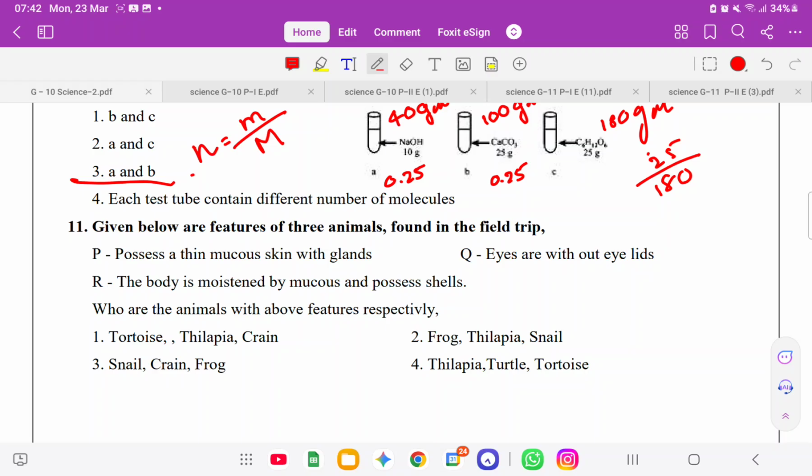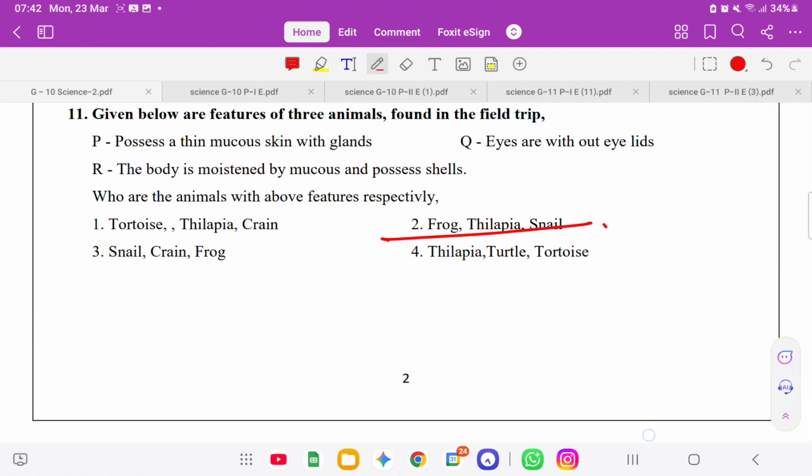Thin mucous skin with glands: most of the amphibians. Eyes without eyelids: fish. And the last one mentioned is snail. So the second one is the answer. If you have any suggestions for these answers, we can discuss this question again.